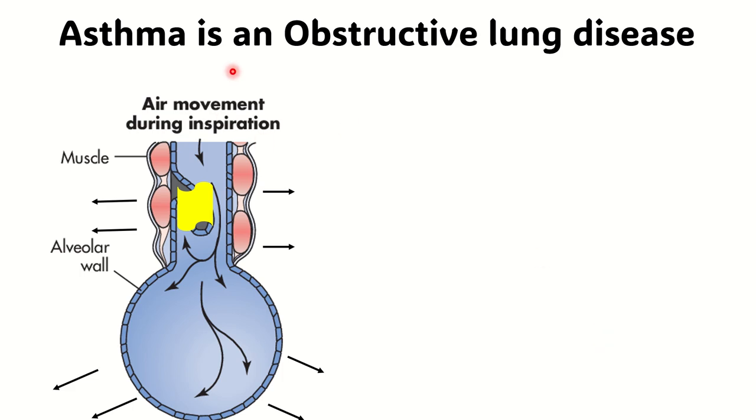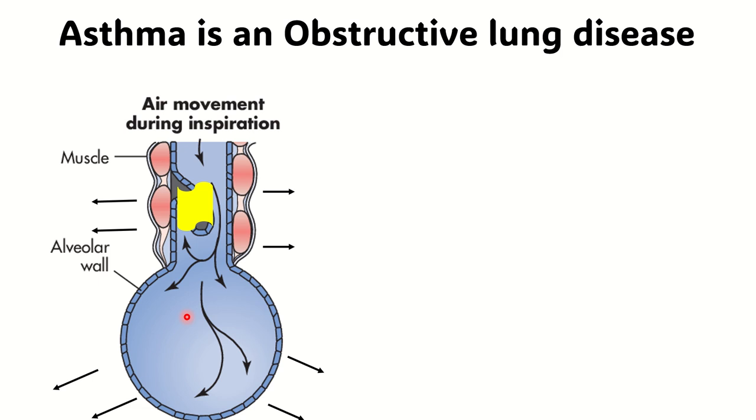And we all know asthma is an obstructive lung disorder. It obstructs the airflow. Okay. So now, see, this is an airway. There is some amount of blockage by the mucus. This yellow color represents mucus. There is excessive mucus production, so there is some partial blockage of this airway. And this is your alveoli.